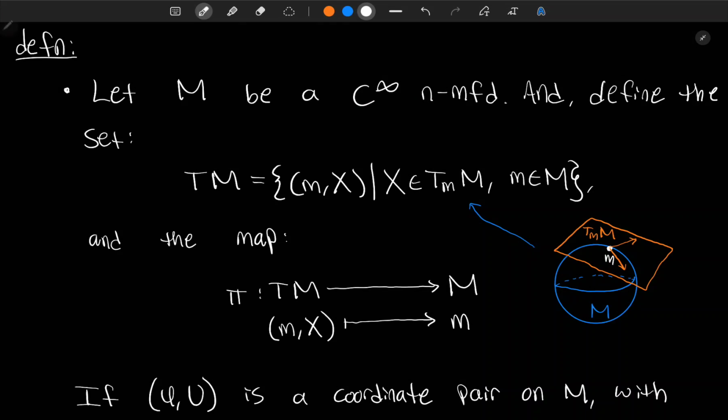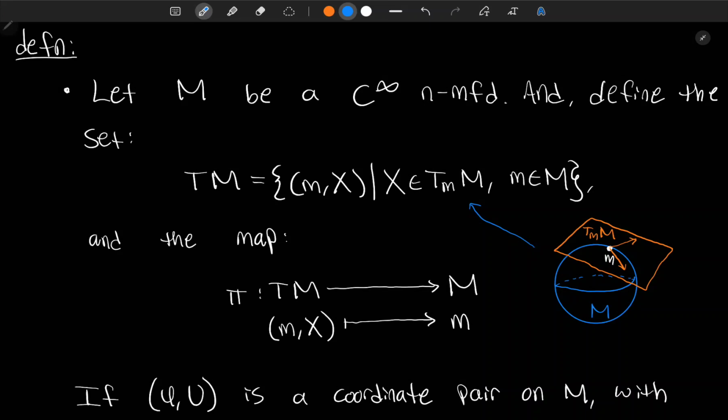To define the following set, we let TM be the set of pairs (m, X) such that m is in the set M, or m is a point on the manifold, and X, big X, is a vector, or an element of the tangent space of the manifold M at point m.